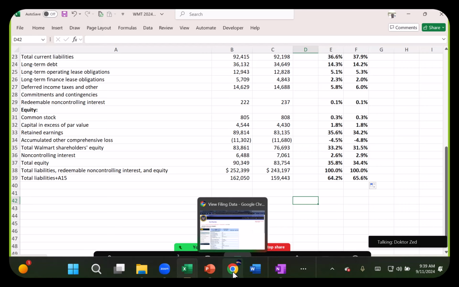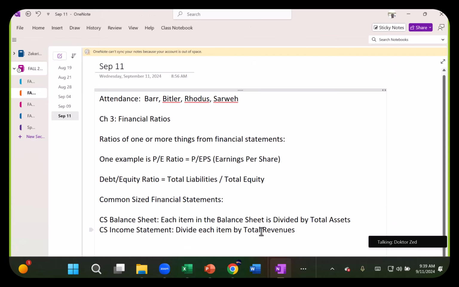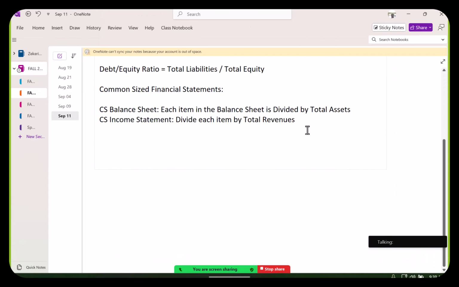Now, generally, we're going to talk about other types of ratios. We can kind of classify them into four types. Short-term, what was it?